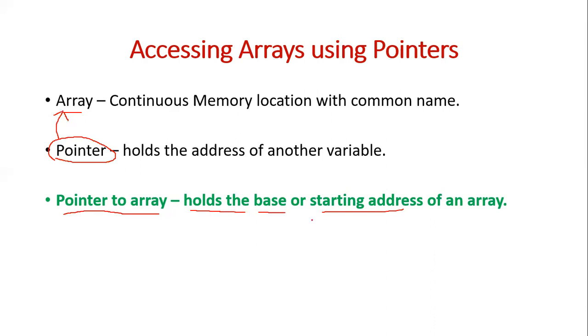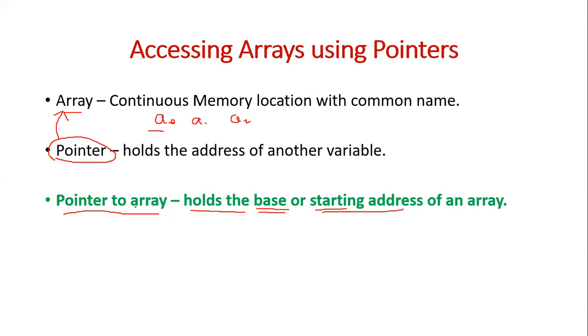What is the base address? Base address is nothing but the address of the first element of the array. As you know, an array contains many elements. So if the name of the array is A, then A of 0 will be the first element, A of 1 will be the second element, A of 2 will be the third element. Everything will have an address.